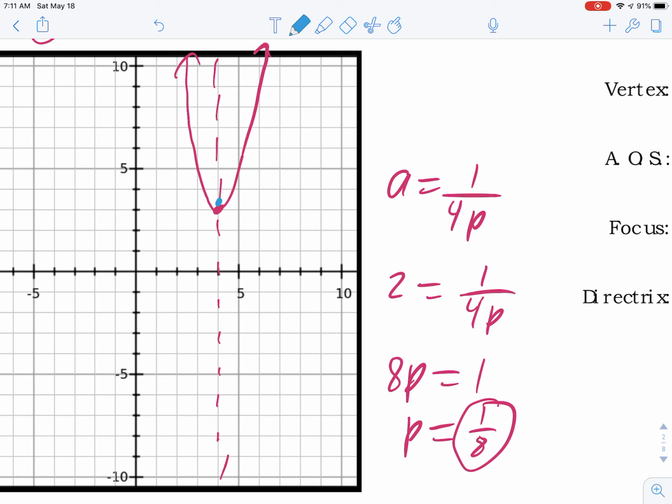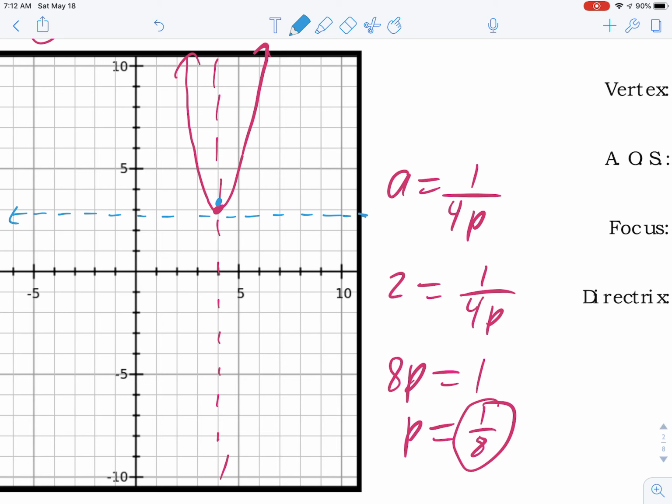And then the directrix, remember the focus and the directrix are equidistant from the vertex. So the directrix is going to be 1/8 below the vertex. So it's going to be the vertical line that's just below that. So the focus is 1/8 above that.